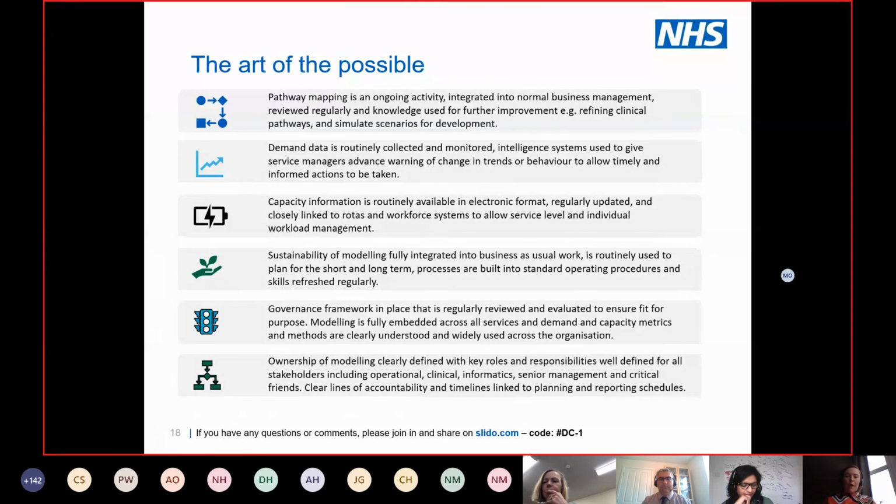So if you look on our website, you'll be able to see all the models that are available at the moment, and we do build them all in Excel. The main reason we do this is because we want them to be totally freely accessible. There's a whole range of other things you can do with fancier software, but not everyone would be able to access it and not everyone would be able to use it. It's really important to us that it is open and available to everybody.